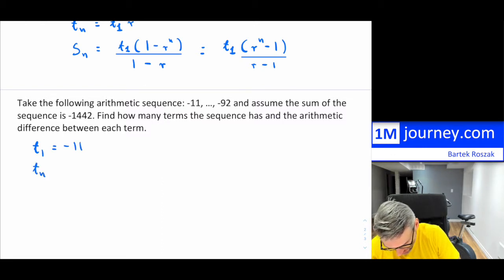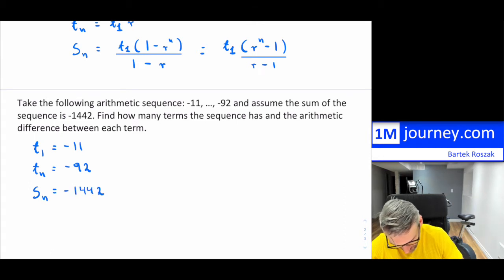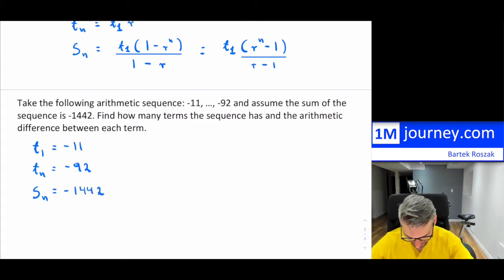We have term number n, which is -92. We have the sum of the entire thing, which is -1442. Find how many terms there are, so we're supposed to find n, and the arithmetic difference between each.